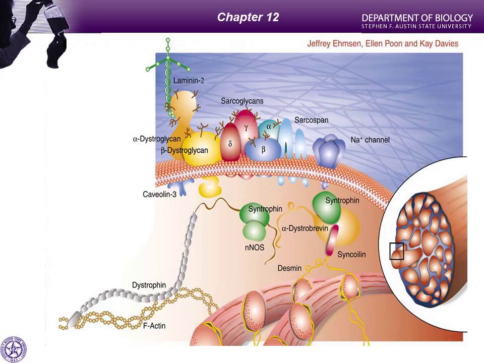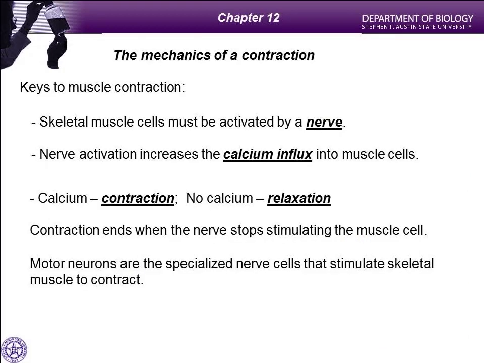When we look at our banding pattern and the overlapping nature of our thin actin and thick myosin, when we get a contraction and myosin pulls on the actin, we're going to see a change to our banding pattern. The I band is going to become more narrow. It's almost going to disappear, but maybe not quite.